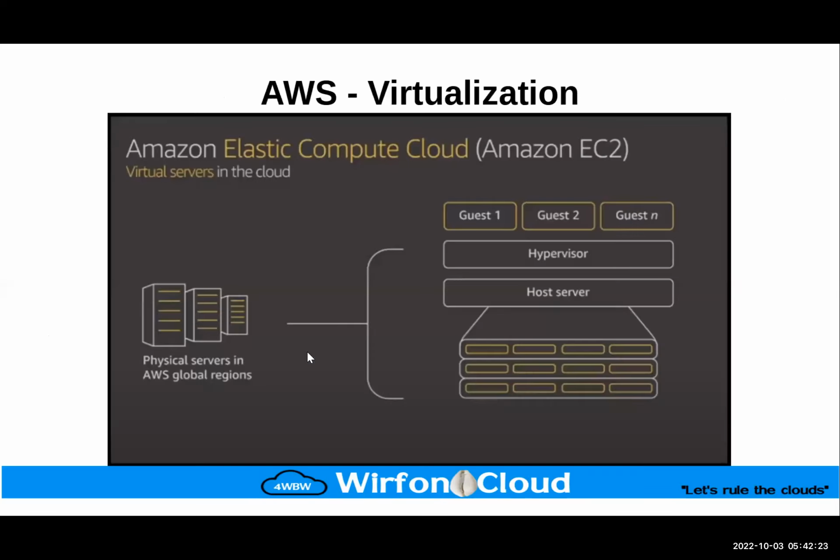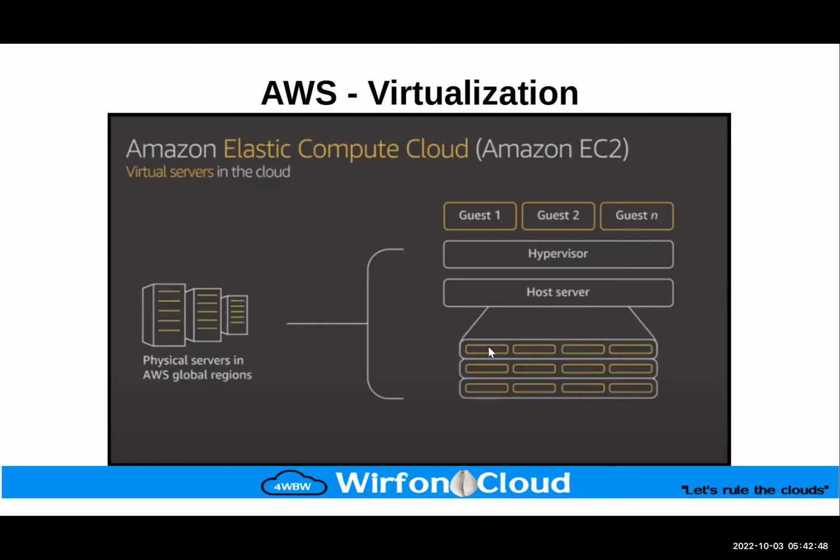Okay. So again, we have the Amazon Elastic Compute Cloud, which is a virtual machine in the cloud. You have the physical servers in an AWS region. Last week you heard about the global infrastructure, and there was a mention of regions, there are the zones, and then there is a data center.